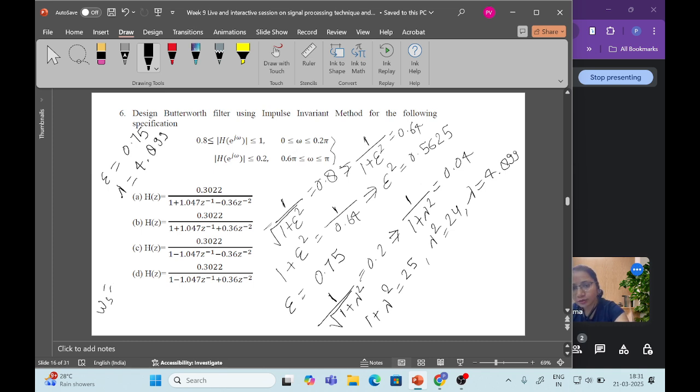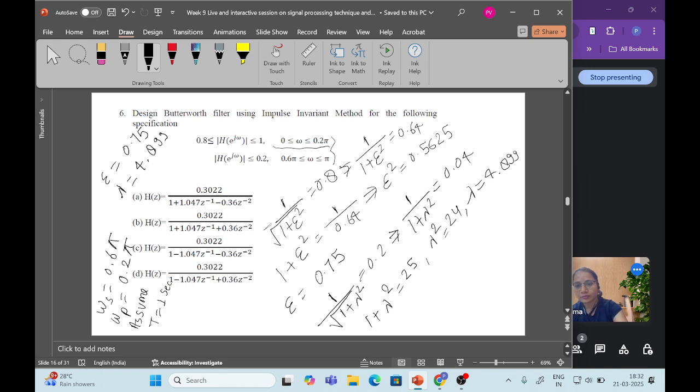Till here it will pass. So the stop band frequency is equal to 0.6 pi. And what will be the pass band frequency? The pass band is from 0 to 0.2 pi, so 0.2 pi is the pass band frequency. And assume here T is equal to 1 second.